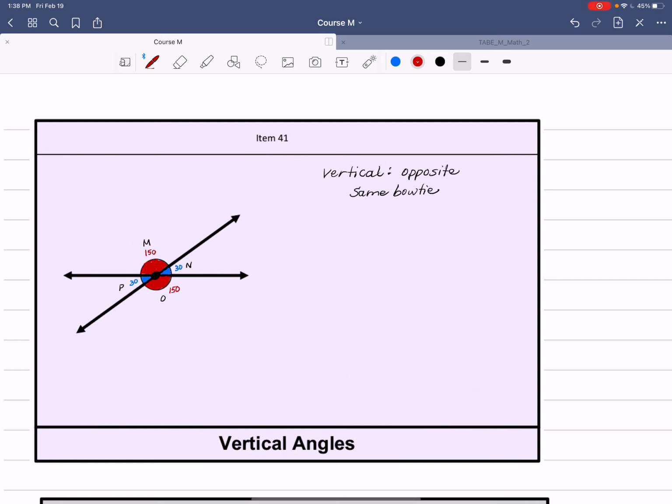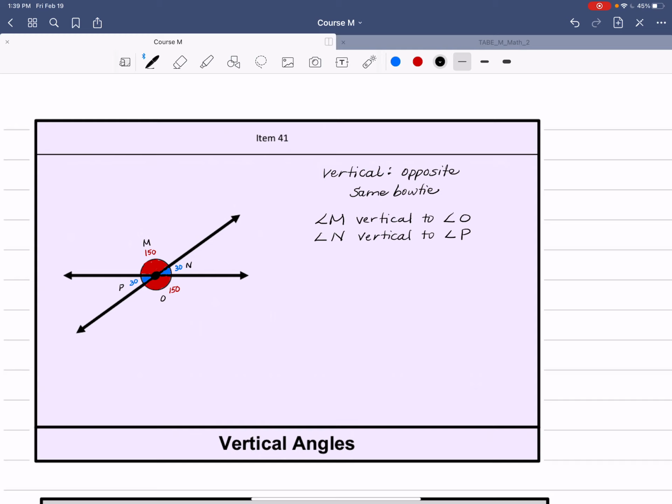So you have two bow ties here. That means you have two sets of vertical angles. You have angle M is vertical to angle O. And you have angle N that is vertical to angle P.